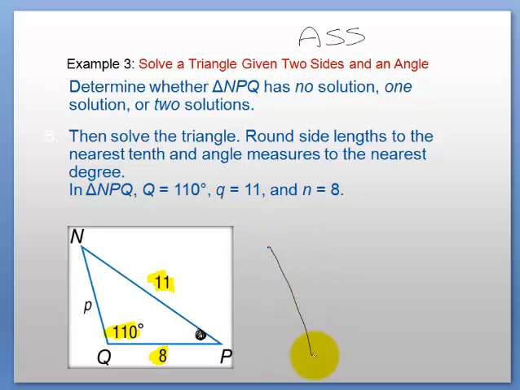If I kind of do this, so we have 110 degrees. We have this as 8, and then we have this length here as 11. Now the question is, is this length of 11 long enough to reach all the way over and connect to the side?